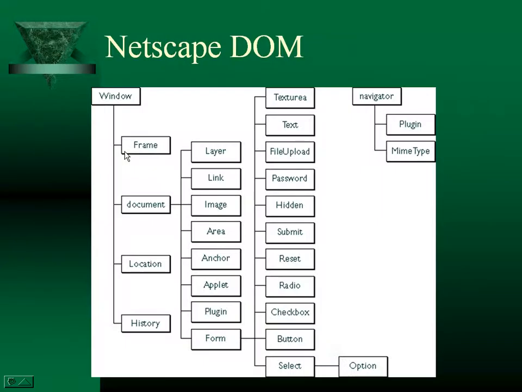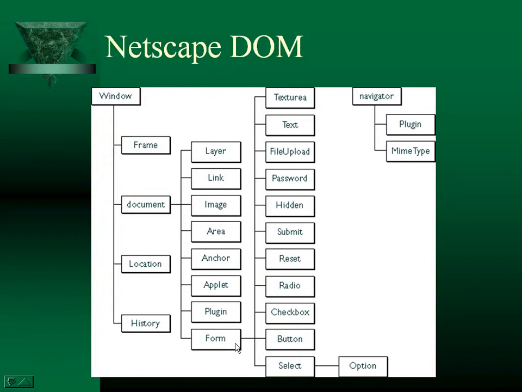The following is the structure of the Netscape DOM. Window object is present at the top of the architecture. The next level contains frame object, document object, location and history objects. Then the next level of the document object are layer object, link, image, area, anchor, applet, plugin, form objects.